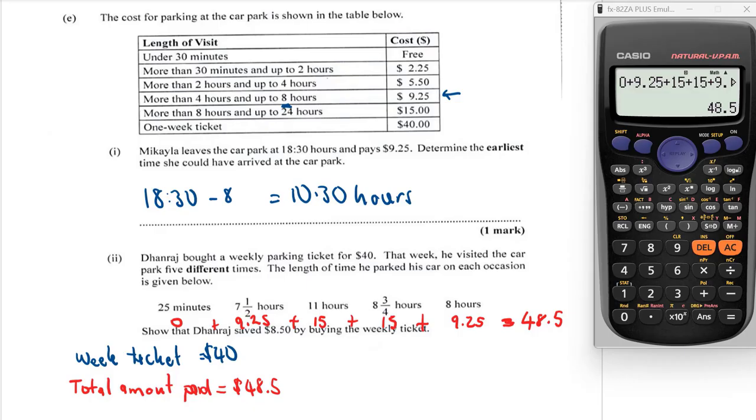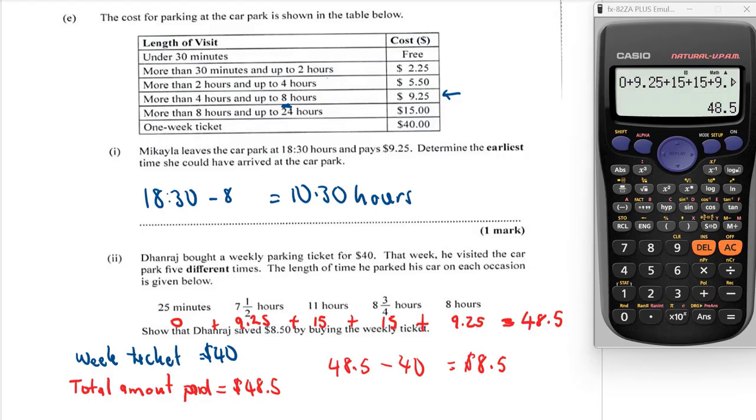He paid $40 for this ticket. So the difference is 48.5 minus 40, and that gives us $8.50. So by buying this weekly ticket, he saves $8.50. So that is what the question is asking us.